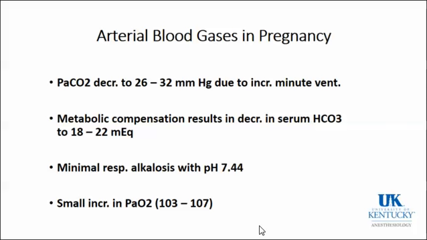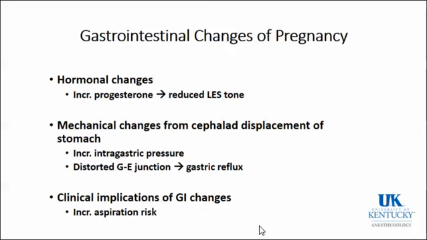However, you will not see a marked respiratory alkalosis. Your pH is only going to be slightly increased, and that is because there is a metabolic compensation that occurs. You have a decrease in your serum bicarb level. So you will see a low PaCO2, a low bicarb, but a relatively normal pH. And you may see a small increase in your PaO2.